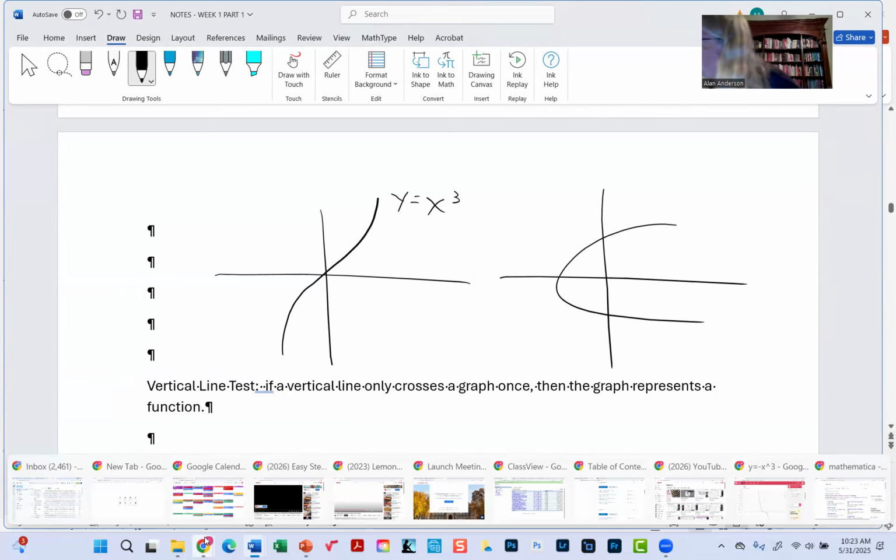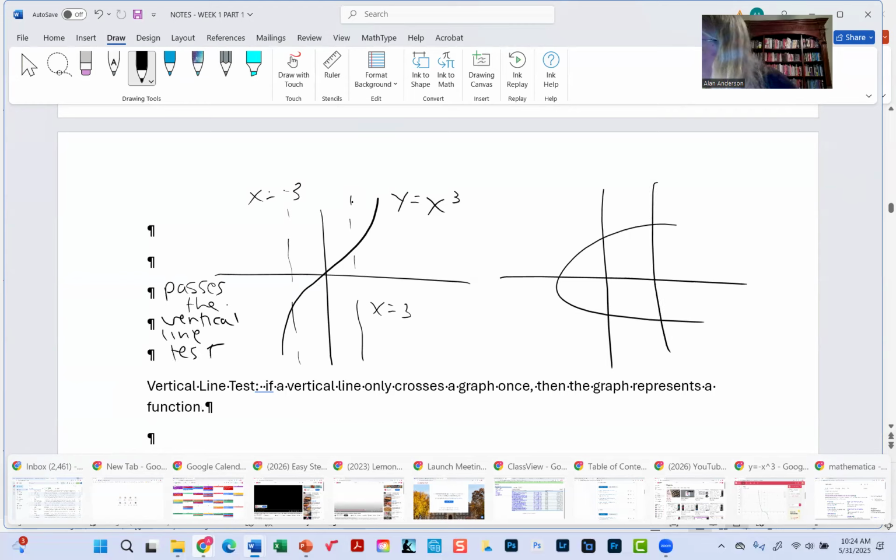So in other words, with y equals x cubed, no matter where we put this, right here, for example, x equals 3, or over here, x equals -3, the one on the left passes the vertical line test. This one does not, as you can plainly see.